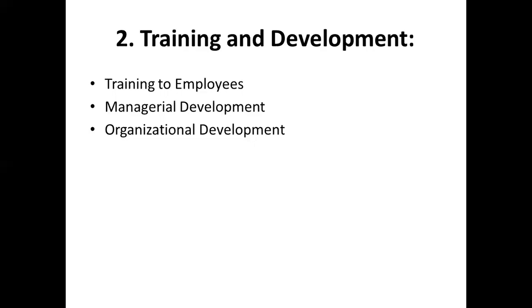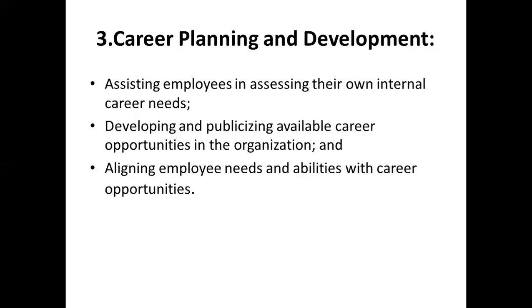And next is organizational development. Herein, employees should be trained to improve their attitudes, effectiveness, and values. So, training is only about on-the-job and off-the-job. Managerial development is to develop the managerial skills. Organizational development is to develop the attitudes, beliefs, and values of the employees.